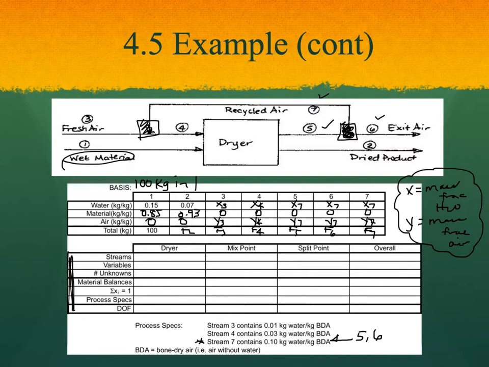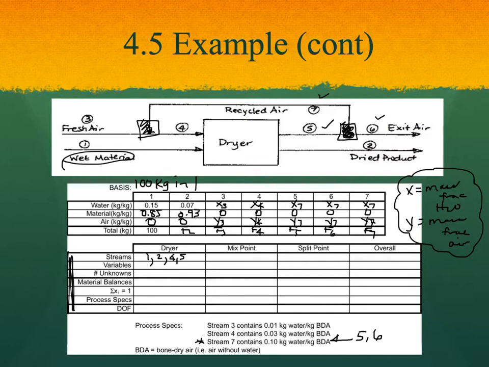Let's look at first the dryer, which was stream 1, stream 2 came out, 4 came in, 5 came out. I'm only looking at what's just right here around the dryer.